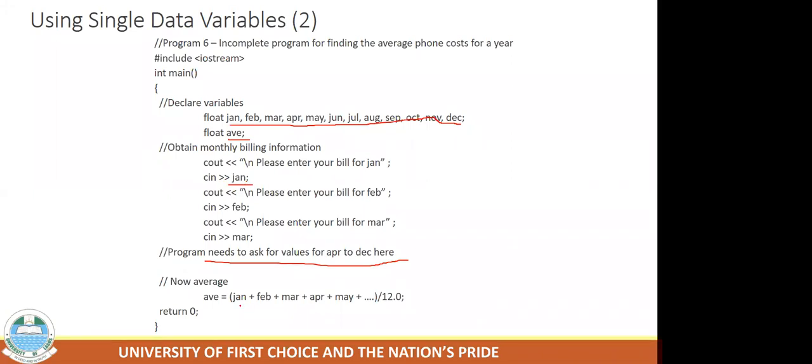Then we can do our computation. We can find the average this way: January plus February, March, and so on up to December, divided by 12.0 to give us a floating point value. So ave holds the average value. That's how you would do it before this topic called array.